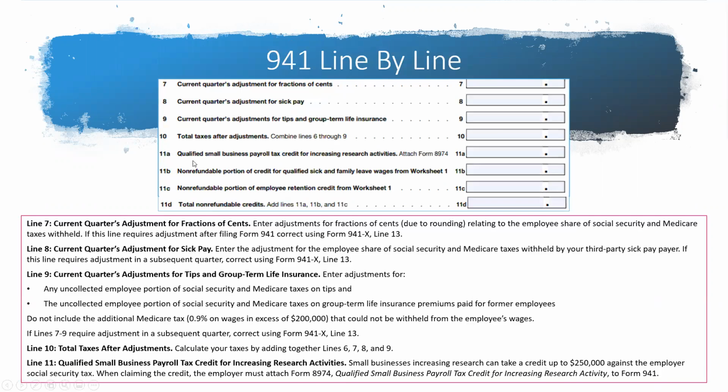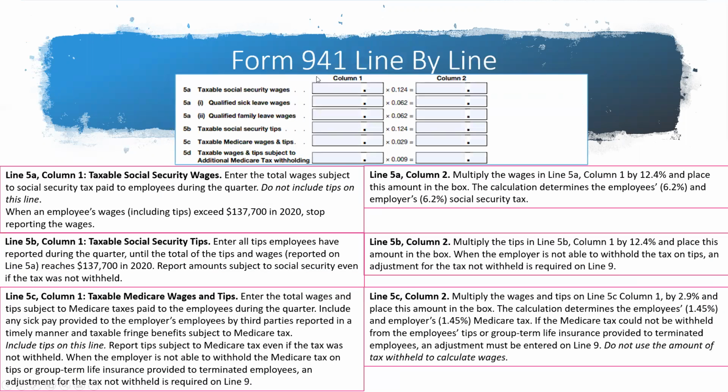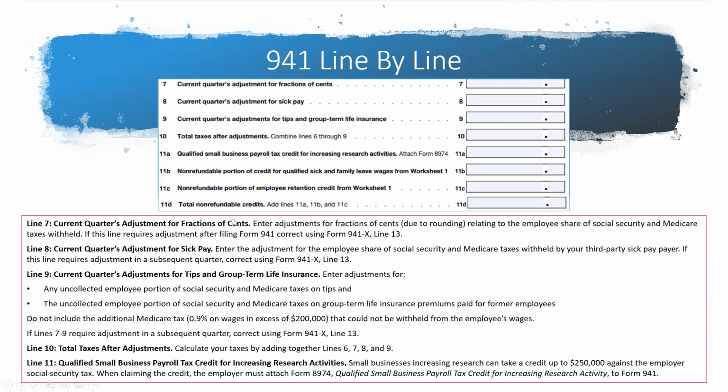Real quickly, let's jump back. So line 11B, 11C, and 11D were also added from COVID. So the 941 now has Worksheet 1, and it walks you through step by step using figures from the previous section, lines 5, all of the A's, B's, C's, D's, to walk you through the amounts that are going to go on line 11B, 11C, and 11D.